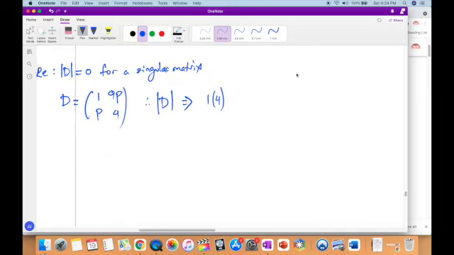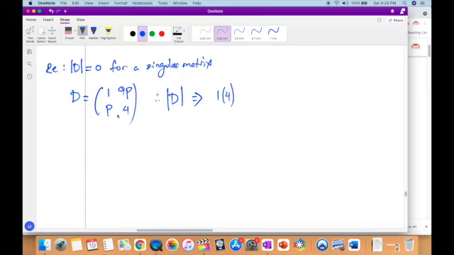So back to the determinant, now it is 1 times 4 minus 9p times p, and that is equal to 0. So we can see here that this is 4 minus 9p squared is equal to 0.